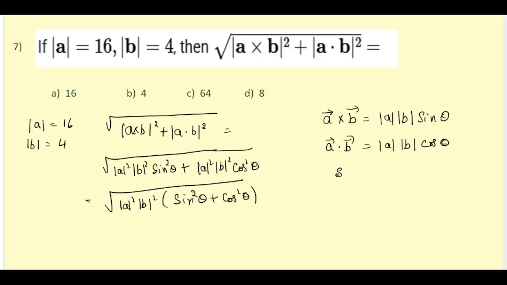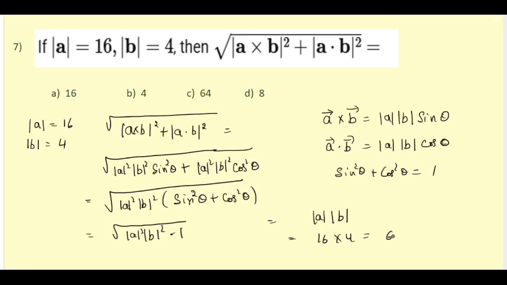We know that sin square theta plus cos square theta equal to 1. So substitute, we get root of A square into B square into 1, or when you remove the root, it will be A into B. We know the value of A and B, 16 into 4, which is equal to 64. So the right answer is C.